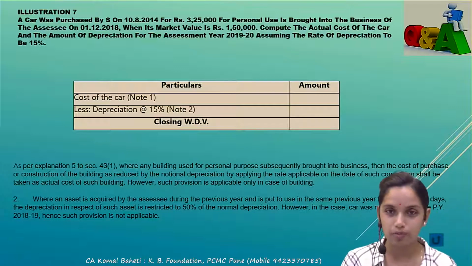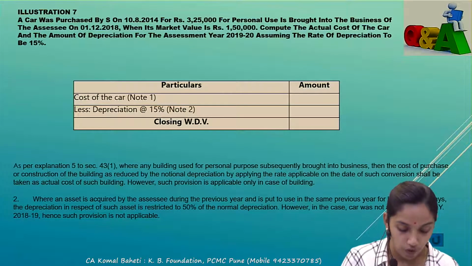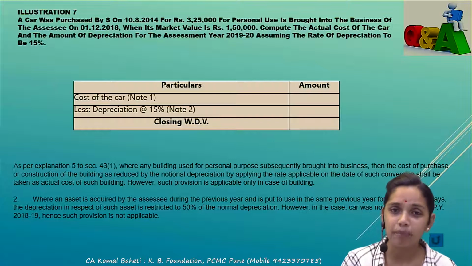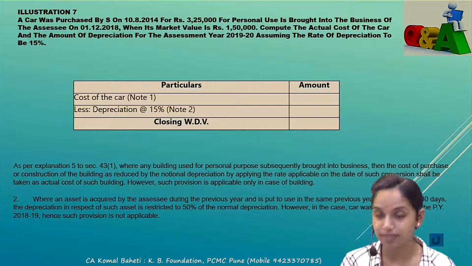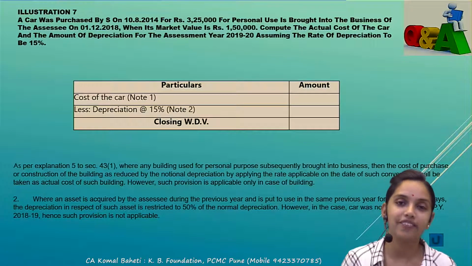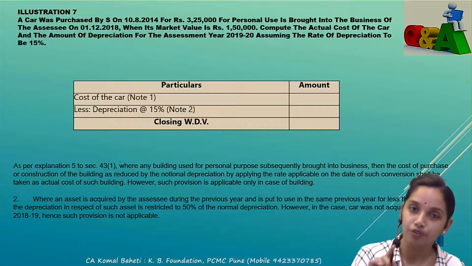He had used it for almost 4 years for private purposes and then introduced it into the business. Whatever its market value is, it hardly matters to you. Compute the actual cost of the car and the amount of depreciation for the assessment year 19-20, that is, for the previous year 18-19, assuming the rate of depreciation is 15%.